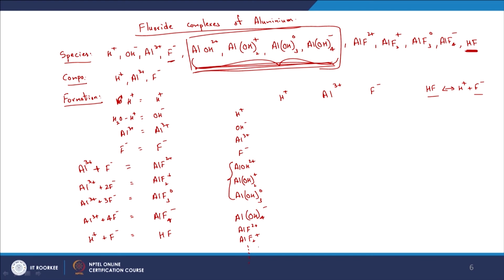And so on. From the formation equations, we can fill out the tableau.